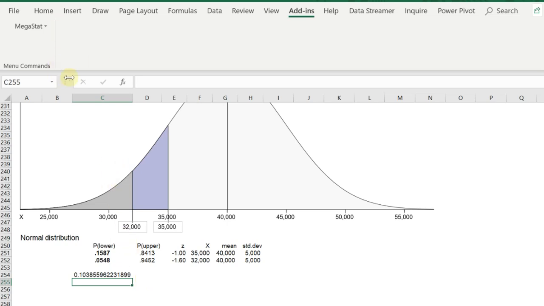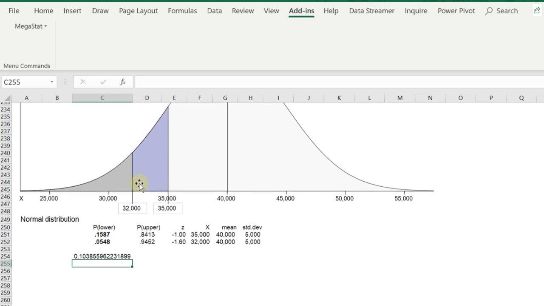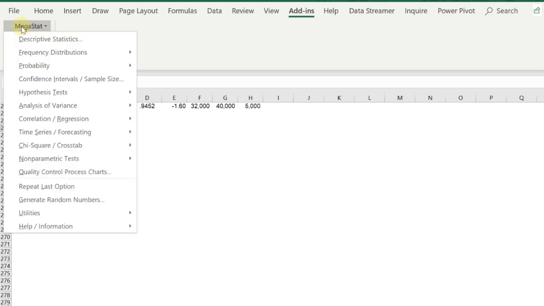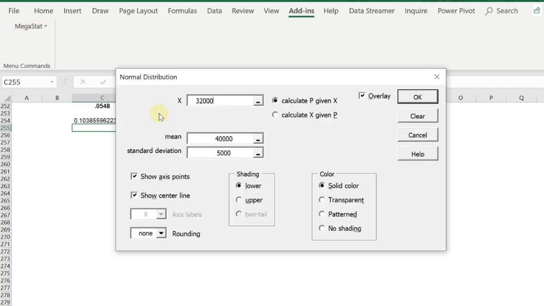Okay, let's do part D of this exercise. In part D of this exercise, we're given a probability area. We want to find the x. Remember, that's the one for the award. So I go probability, normal, and change this to calculate x given p, uncheck overlay.